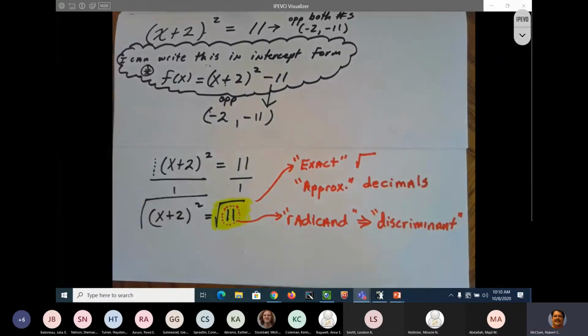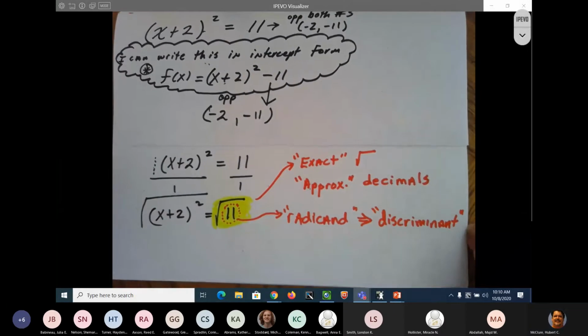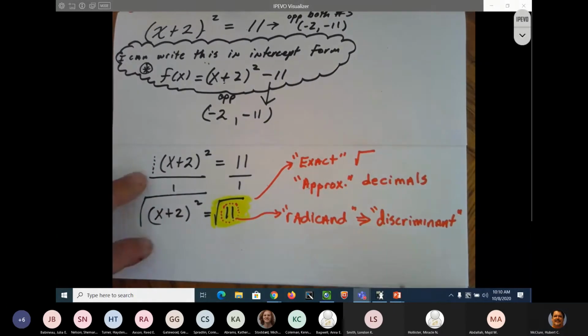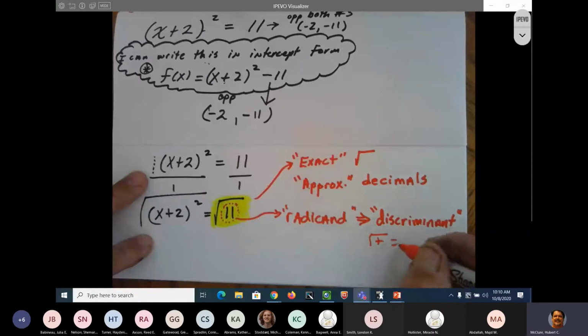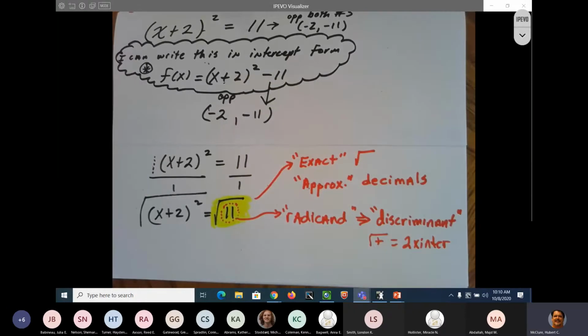And the discriminant tells you one of 3 things. If it's a square root of a positive, you have 2 x-intercepts, or 2 solutions. If it is the square root of a negative, you have no x-intercepts, meaning it does not cross the x-axis.